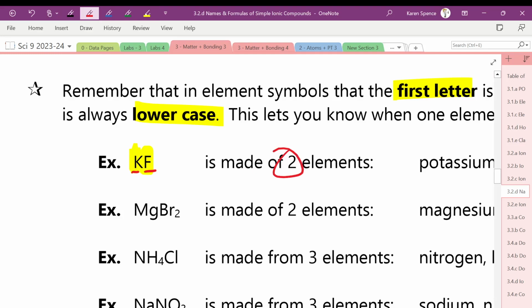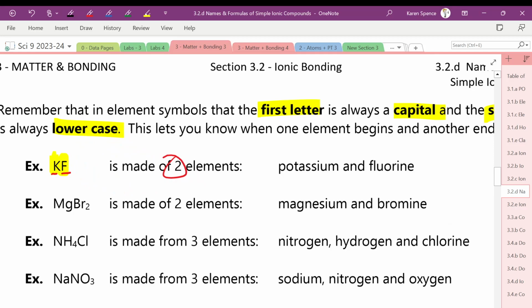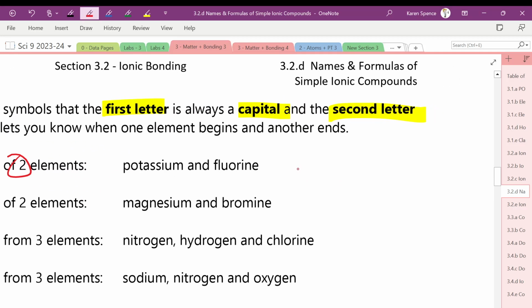It's made of potassium and fluorine. What would we name it? Potassium fluoride. Okay, so potassium and fluorine, its name would be potassium fluoride.